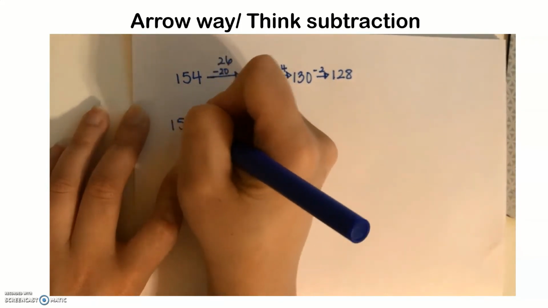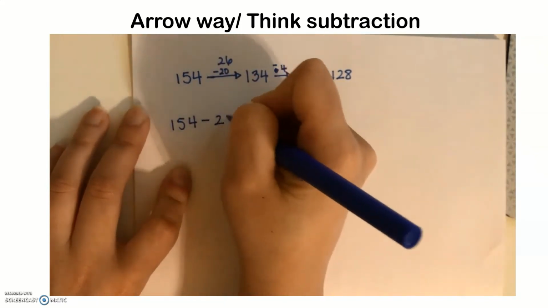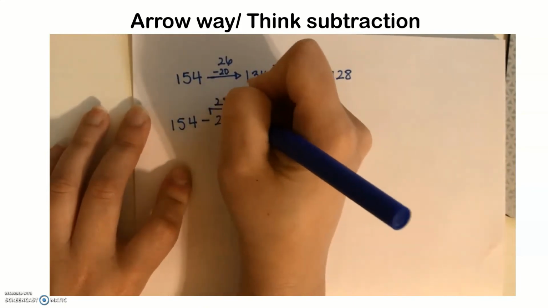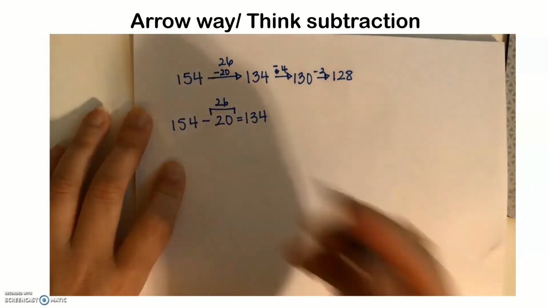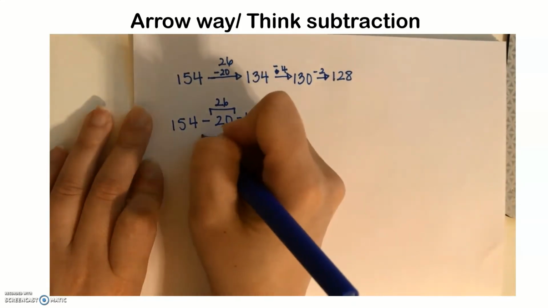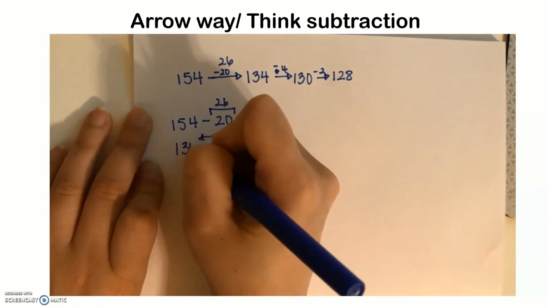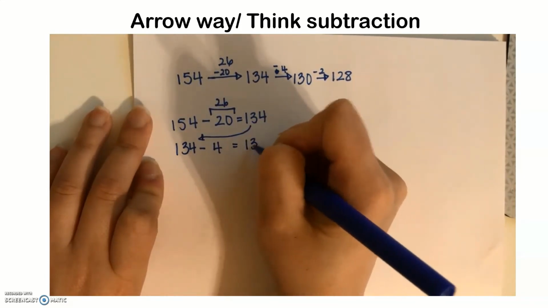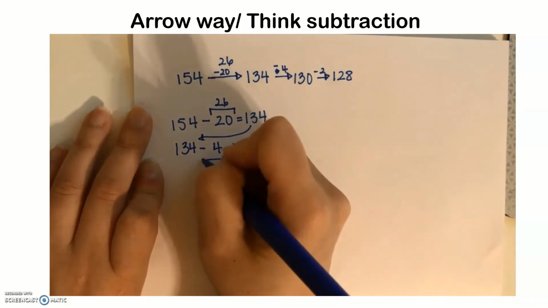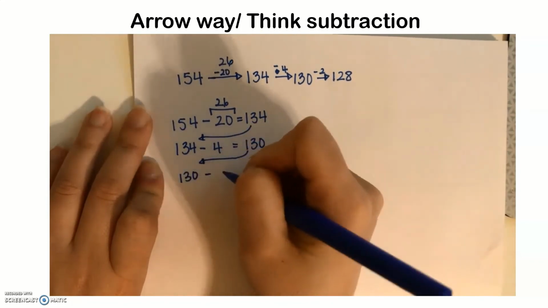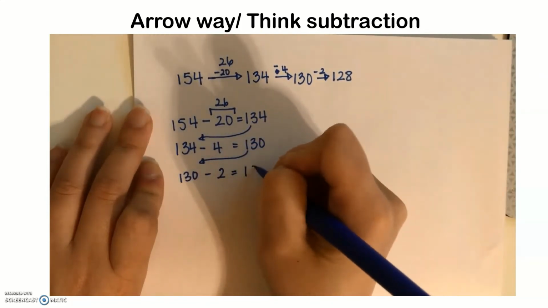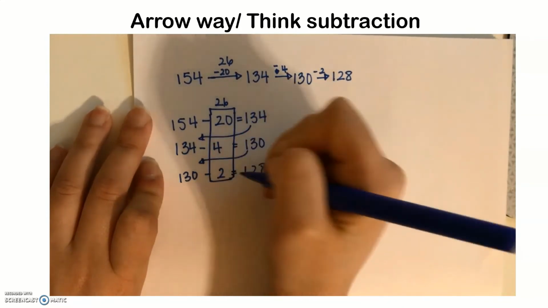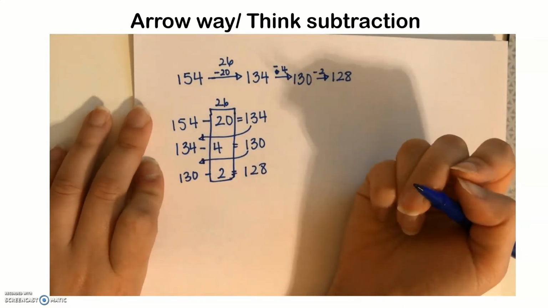Which you're putting it the same way, but you're just doing it like this. For the think way, minus 2 equals 128, and this middle all adds up to 26.